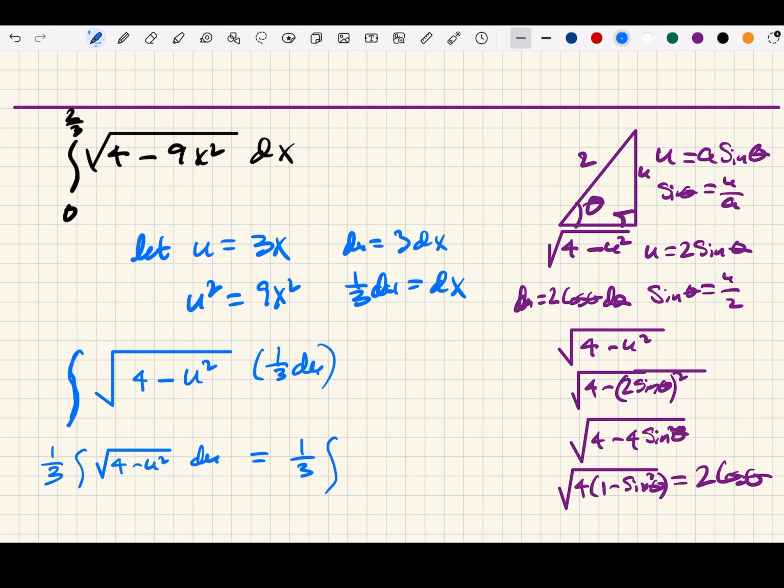So what are we left with here? We got a 1/3. We got 2 cosine theta and a 2 cosine theta d theta, don't we? So, looks like we got a 4/3 integral cosine square theta d theta.